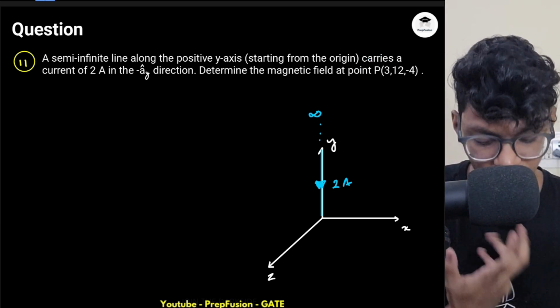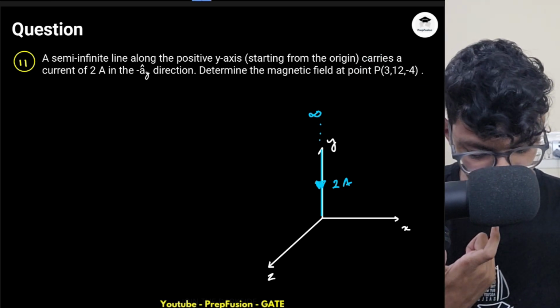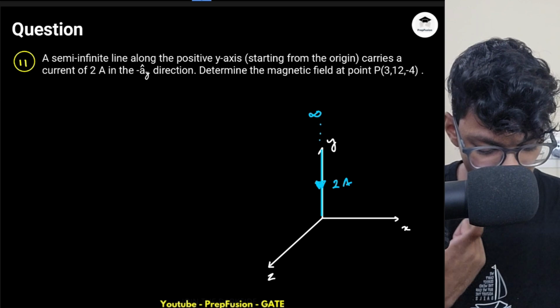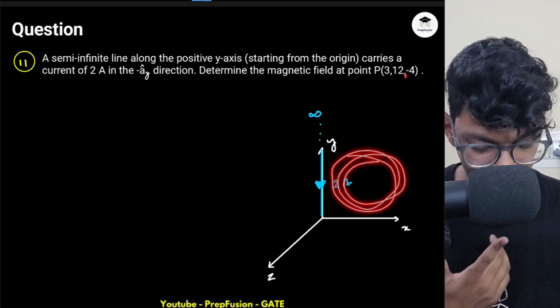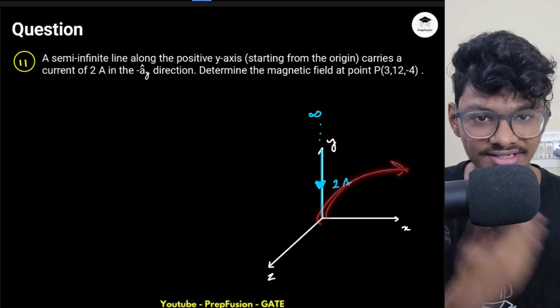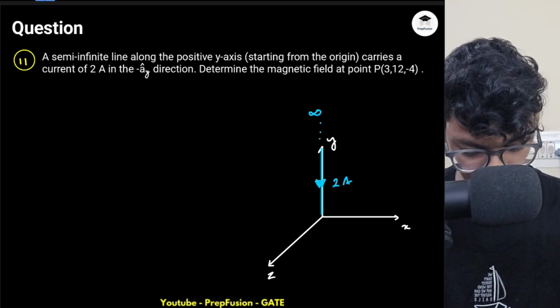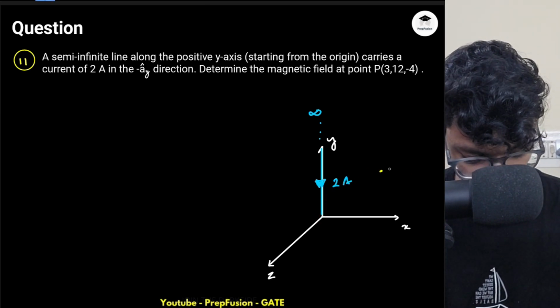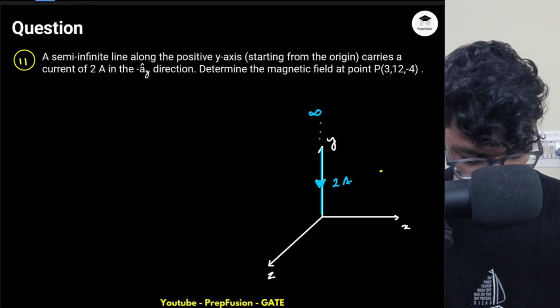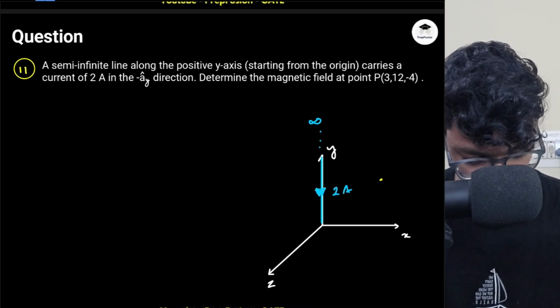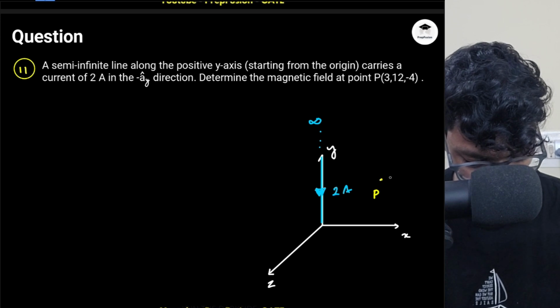But still, if I want to say where the point is, here I am observing that it is 3 and 12, so it is on the positive side of the xy plane, and minus 4, so behind the screen, somewhere here. This is not the exact place, but approximately the point will lie here.